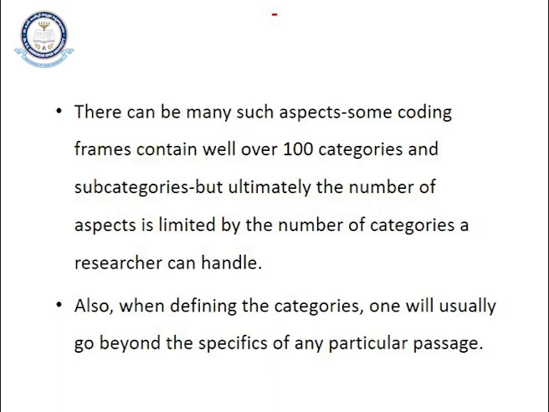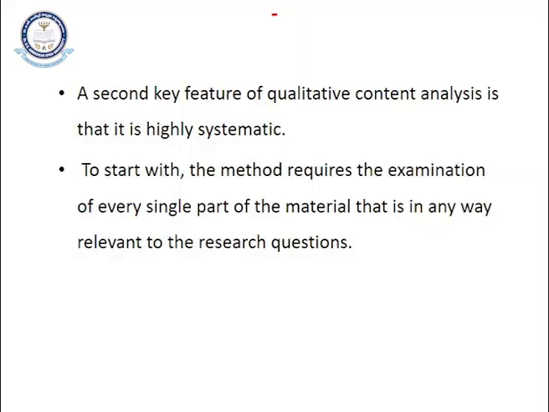Also, when defining the categories, one will usually go beyond the specifics of any particular passage. The key feature of qualitative content analysis is that it is highly systematic. The method requires the examination of every single part of the material that is relevant to the research question.